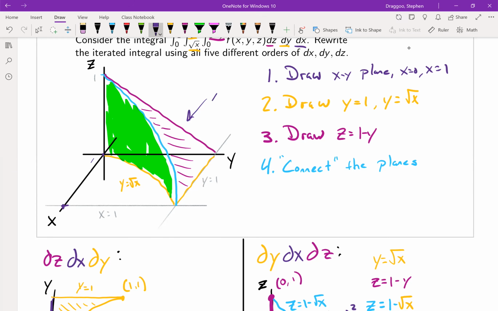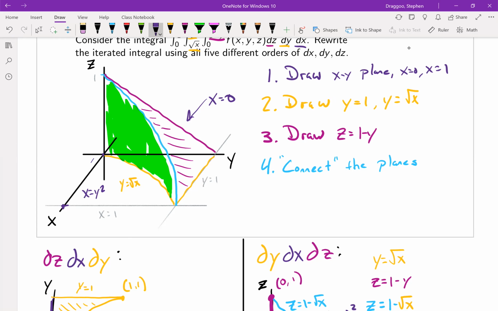That's this plane. On the back, it is the YZ plane. And it's going to come out to the function right now that is y equals the square root of x. So if we were to just rewrite that piece, that would be x equals y squared.